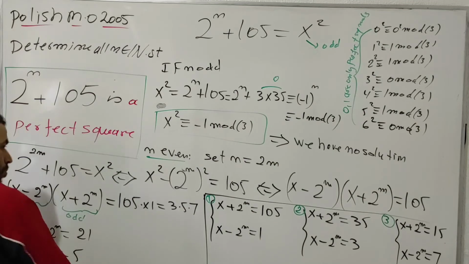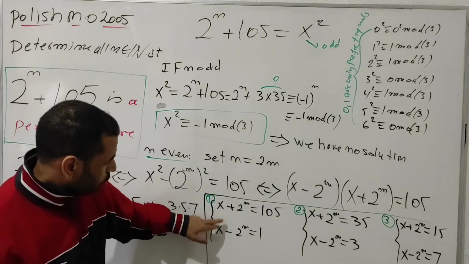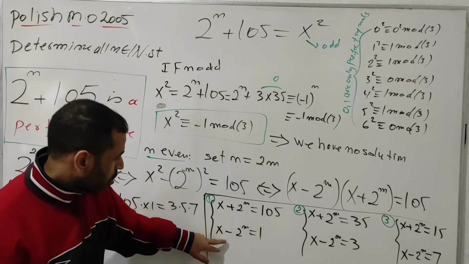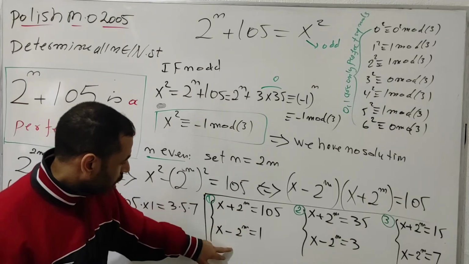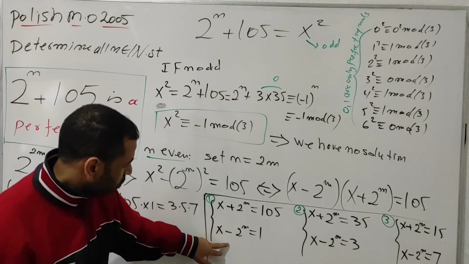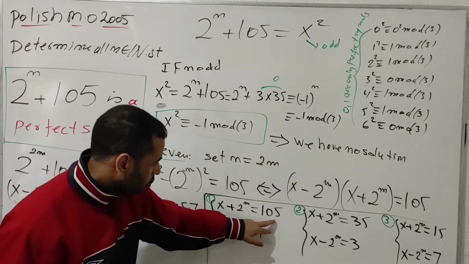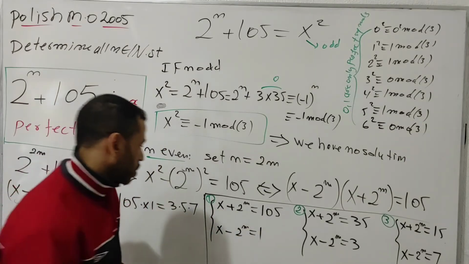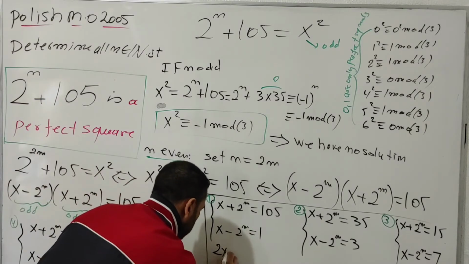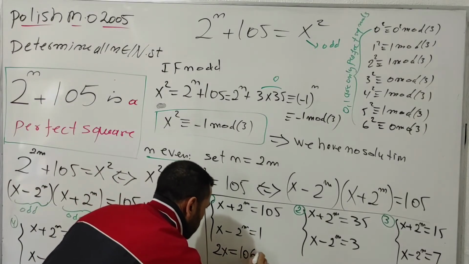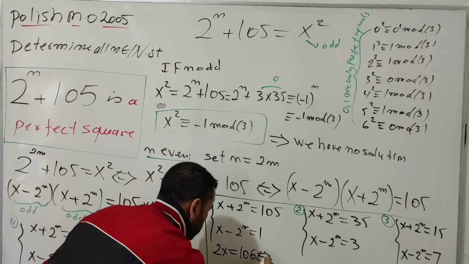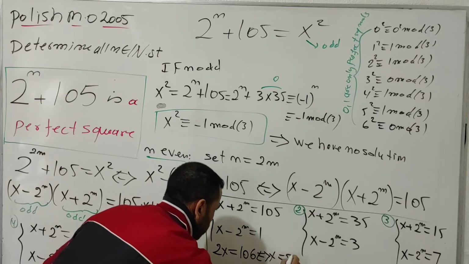I'm going to check this one by adding the first equation and the second equation. The 2 to the m terms are cancelled out because one is positive and the other is negative. I will be left with 2x equals 105 plus 1, which is 106. In other words, x equals 53.